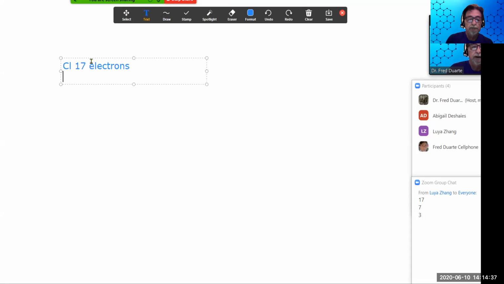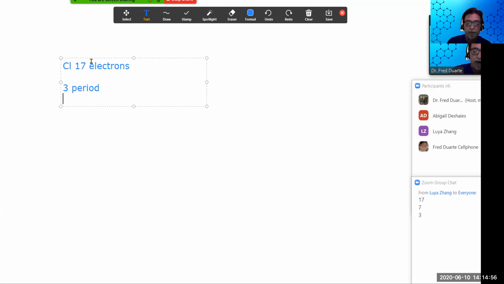Plus, we know that it is in the 3rd period. Those are the names of the horizontal rows. I'm trying to get to the 3rd energy level.